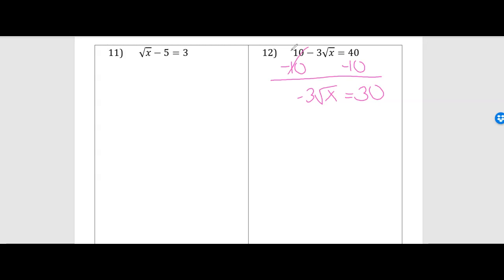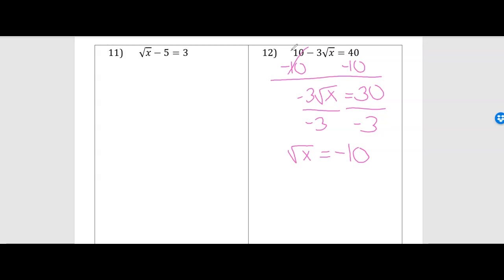Right? These 10s simplify. Now I'm going to divide by negative 3 to get the radical, or the square root expression by itself. So I get the square root of x is equal to negative 10.